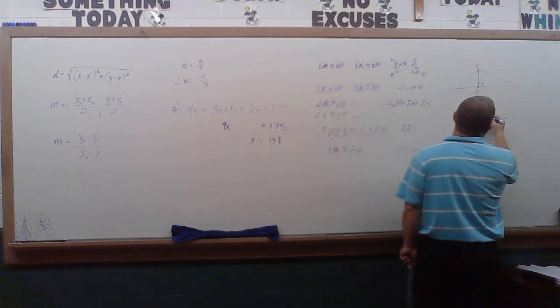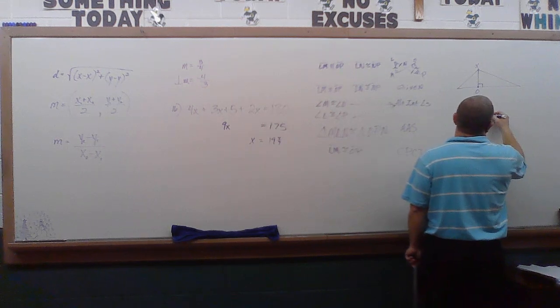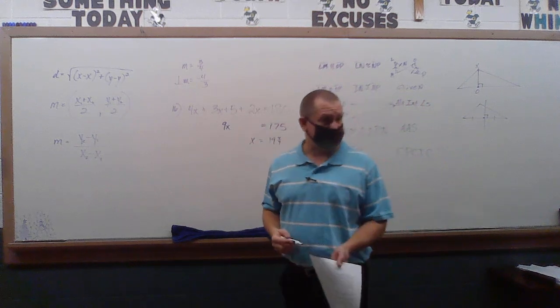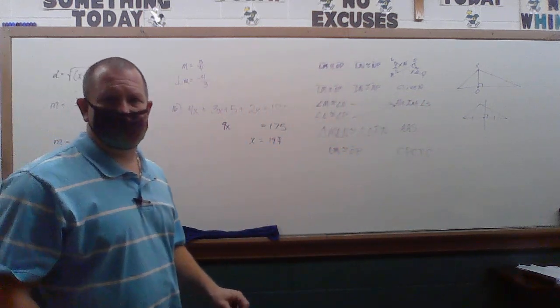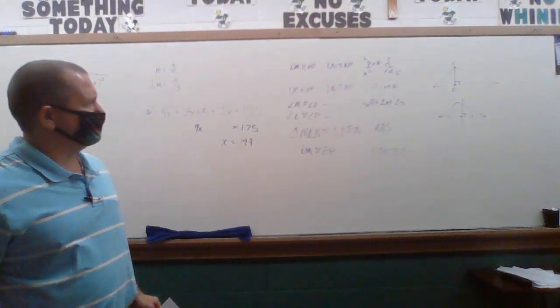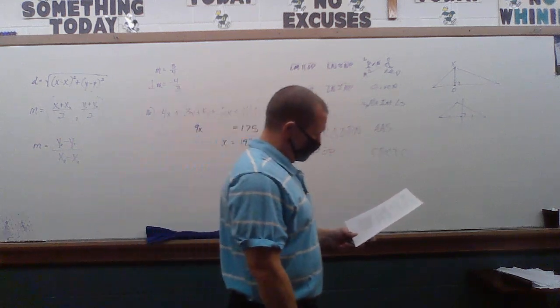A perpendicular bisector, I'm looking for the middle, and I'm drawing a perpendicular line. It does not have to come from the vertex. So again, that was something on the quiz that we had to draw the other day, and we had some confusions with that. Okay? Questions there?